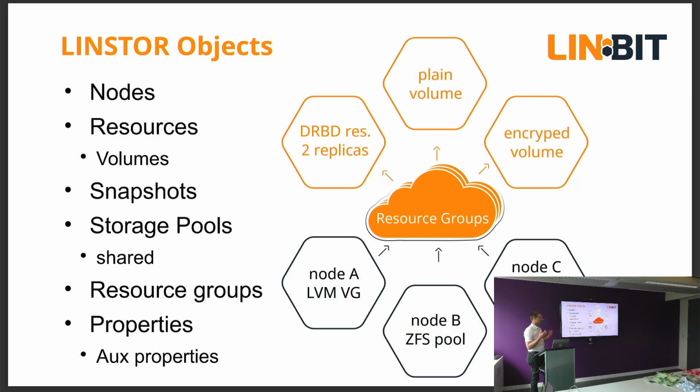Resource groups are the place where you can share settings and properties over a larger group of resources. And properties are in the same list as objects, but basically every one of these objects has properties below them, so you can set them. It's like the global key value store you have in CloudStack, but here you have it per object.